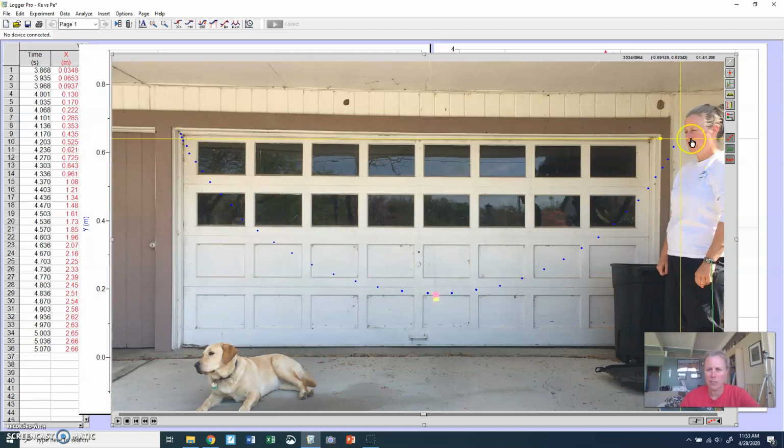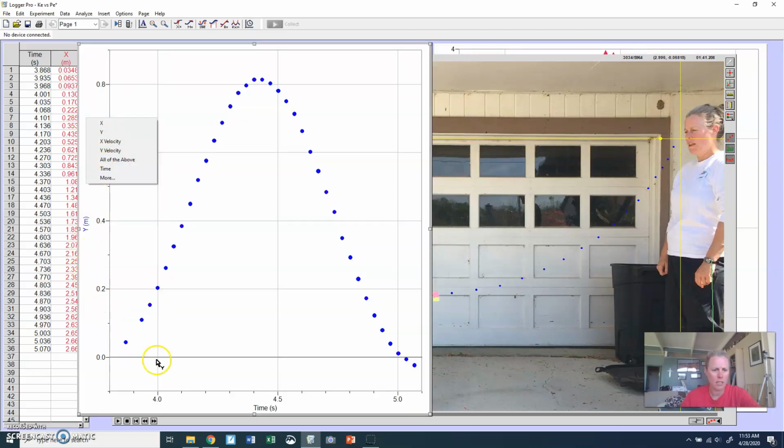A little bit higher, I didn't track it right by my nose. And then the x position should go out, far away, and back. So we'll see if it's steady or not. This is the y position, and that seems to make sense. It starts at 0, goes far away, and then it comes back.